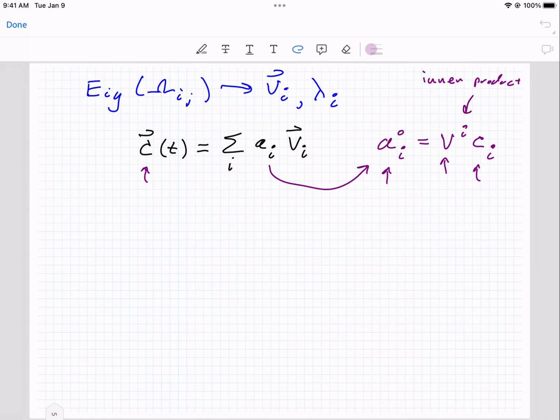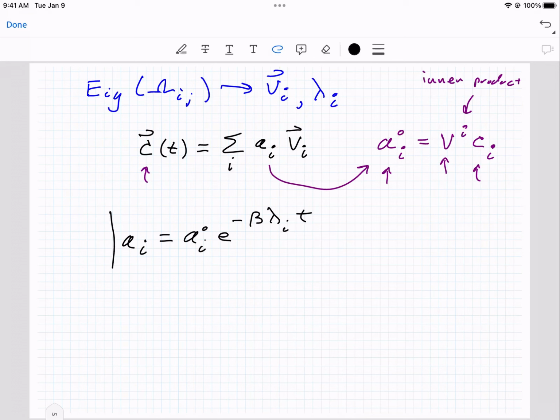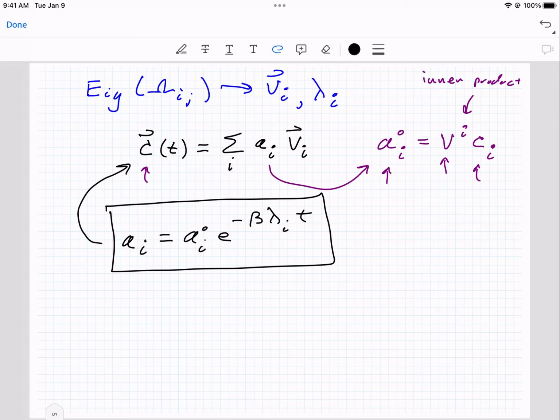The beauty of these solutions is that A sub i is equal to A sub i initial condition times e to the minus beta, and here the eigenvalues of the graph Laplacian come in, lambda sub i times t. With this, we are solving for all the coefficients of the eigenvectors, and then we sum those up to get the actual concentration as a function of time.